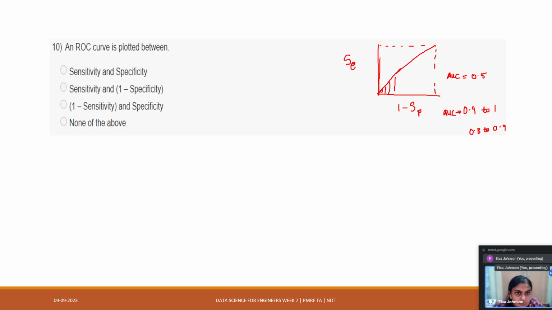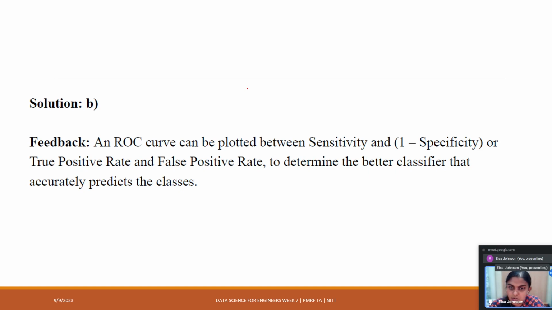If it's a very good model, the curve will go like this. So that is for the ROC curve, and you can refer to the lectures also. An ROC curve can be plotted between sensitivity and 1 minus specificity, or it can be described as the true positive rate and false positive rate, determining the best classifier that actually predicts the classes.